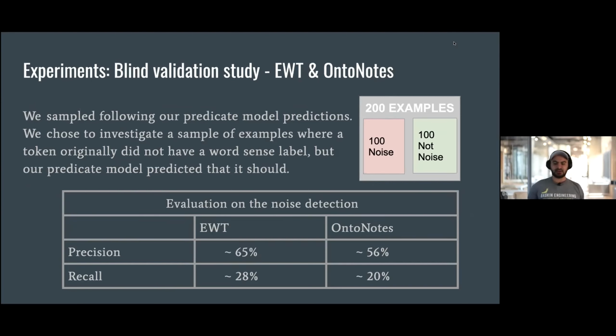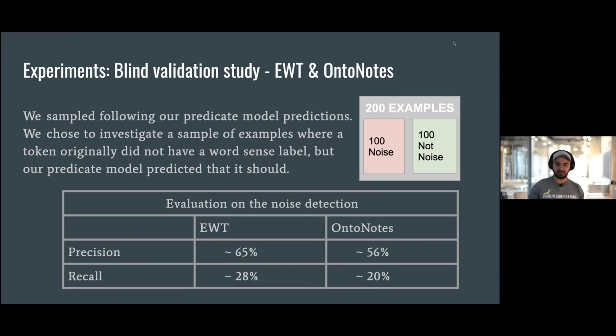And the sampling strategy followed our predicate model prediction, meaning that we chose to investigate a sample of the examples where the token originally has no word sense, but our predicate model predicts that it should have one. And here are some results for both data sets. In EWT, we have around 65% precision and recall around 28%. In OntoNotes, we have a precision of 56% and recall of 20%.